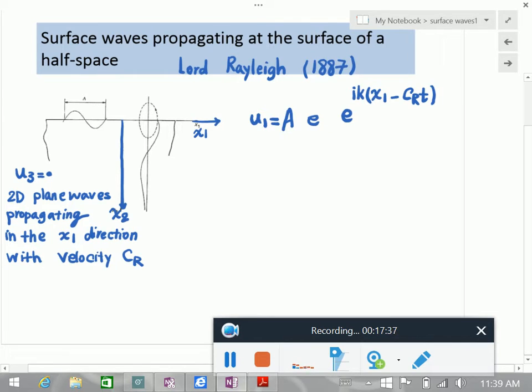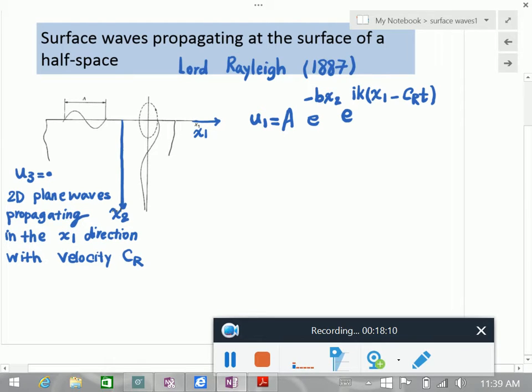Mahbube, you said something. Yeah, minus x2 times some attenuation coefficient. That's exactly it. So I want you not to be afraid of equations. We have it. This is a very general formulation for a wave propagating in the x direction with velocity c sub r attenuating exponentially with depth.